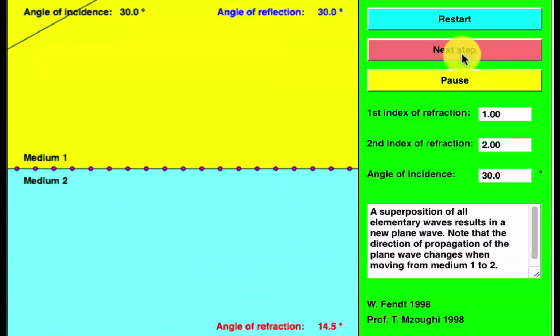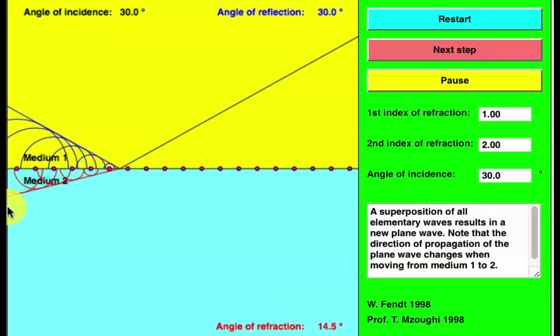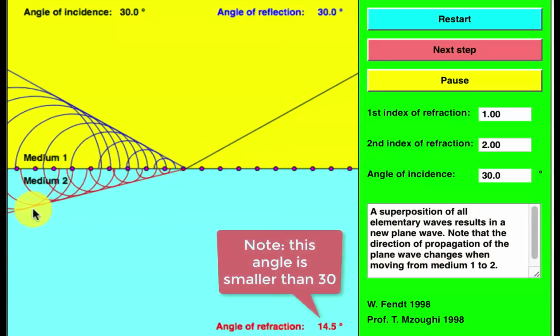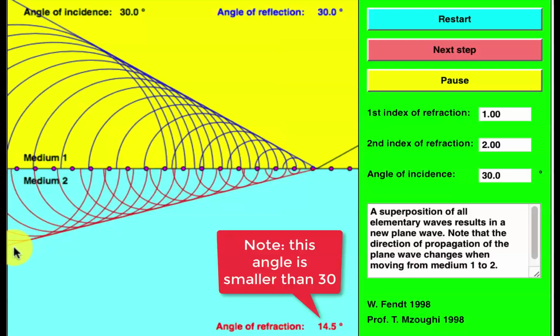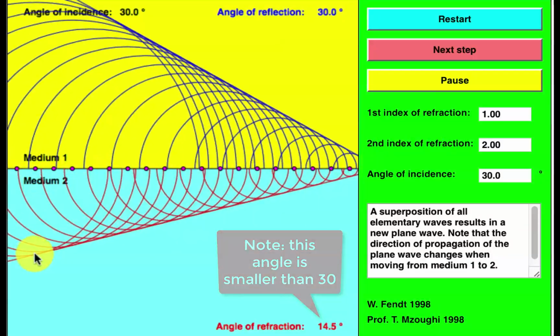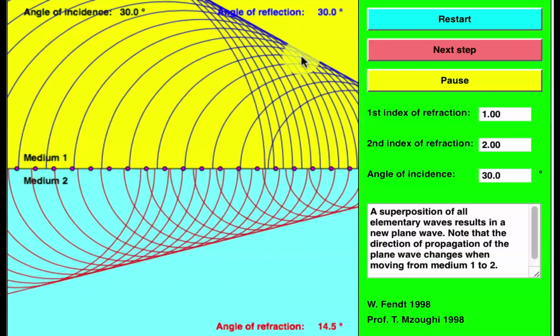Now watch this again. And this time, focus your attention upon how the outgoing wavefronts are being formed below. So you see that there's a wavefront that's formed over here. Again, that wavefront is moving slower relative to the wavefront that's on top.